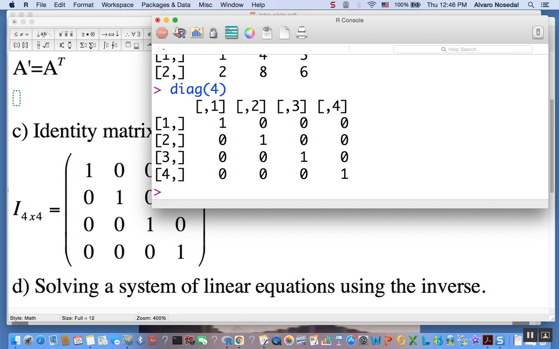We can't find the inverse of singular matrices. Later we will see that matrix inversion is a key component in linear regression. Very soon we will see that. For now, let's use an inverse matrix to solve a system of linear equations.